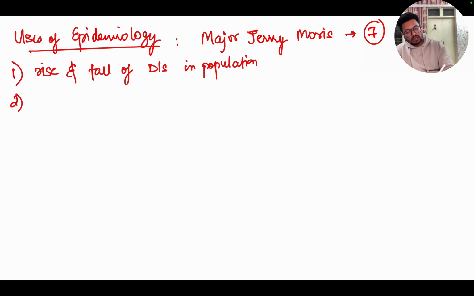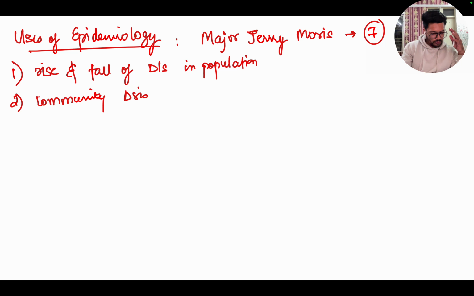Second, community diagnosis. In community diagnosis, basically what we do is quantify the health problems. This helps in laying priorities in disease control and prevention, and it also serves as a benchmark for evaluation of the health services.